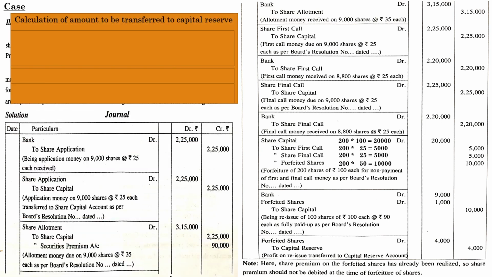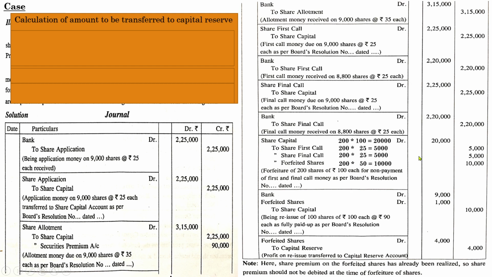First of all, how are we going to find the amount to be transferred to capital reserve? Here I have mentioned that we can't take the difference between these two because this 5,000 relates to 200 shares and this 1,000 relates to 100 shares. So we can't take the difference between these two amounts.